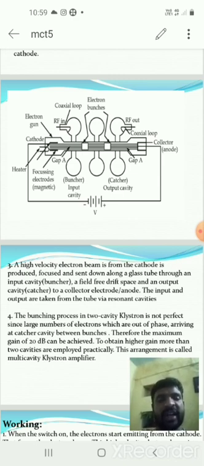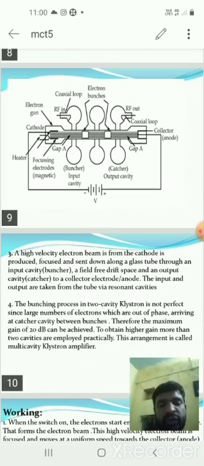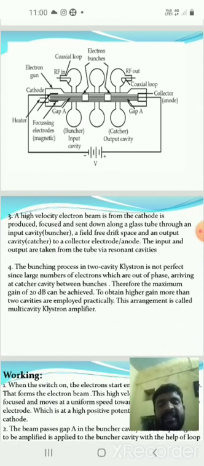These electrons travel toward the drift tube and reach the catcher C, which is the output cavity. So the gap A to gap C end of the catcher is used to collect the signals.